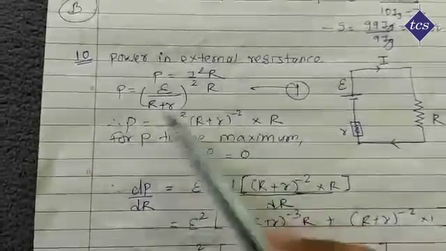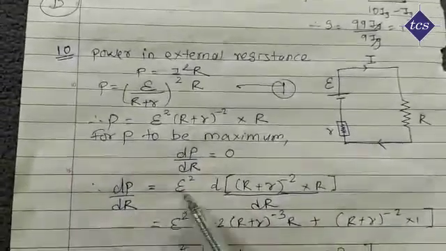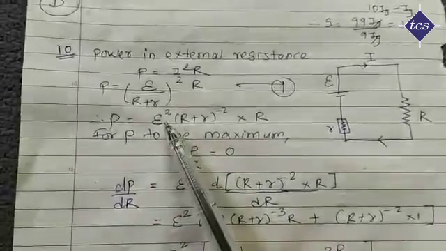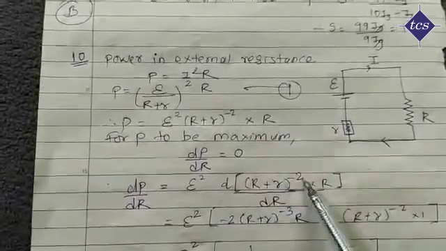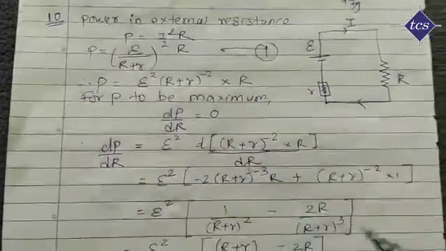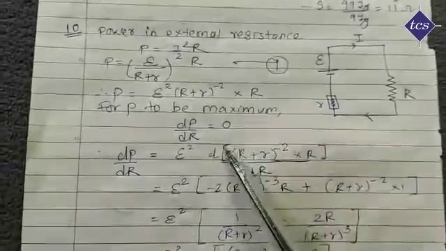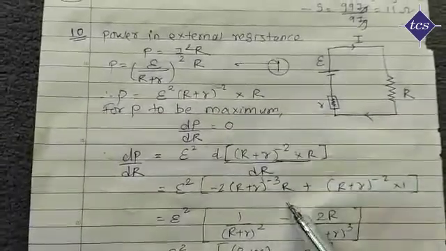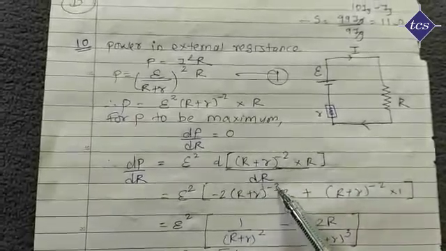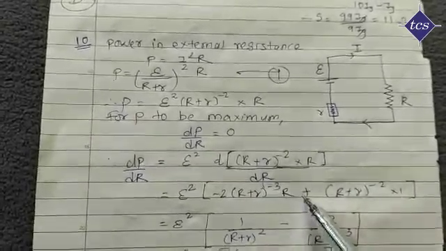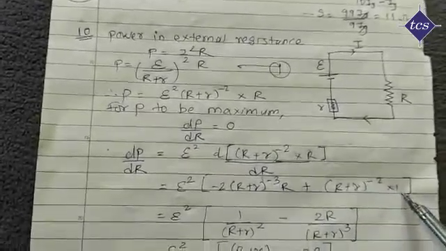So differentiating both LHS and RHS with respect to external resistance, dP by dR equals E squared, since the EMF of the cell is constant, taking it out common, derivative of R plus r raised to minus 2 into R with respect to R. Now here we apply the chain rule: we differentiate this term keeping R constant, so minus 2 into R plus r raised to minus 3, plus, keeping this term constant, the derivative of R with respect to R as 1.